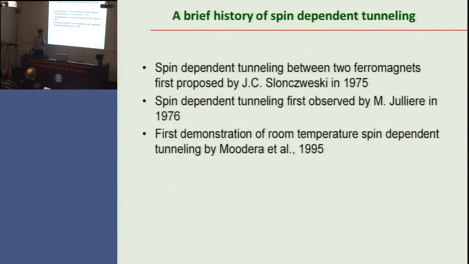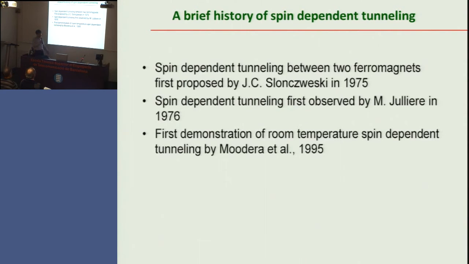The story of spin-dependent tunneling maybe begins from Zorozhansky in 1975, about tunneling between two ferromagnets. If there is tunneling between those, they said tunneling magnetoresistance may exist. A theoretical study was suggested at that time.